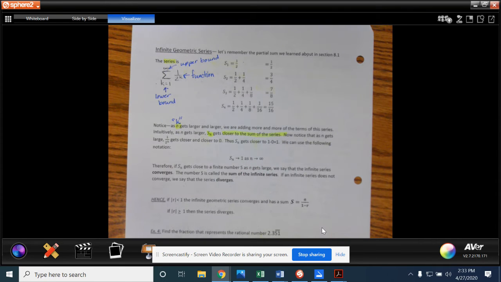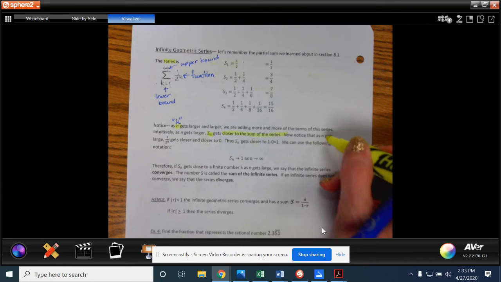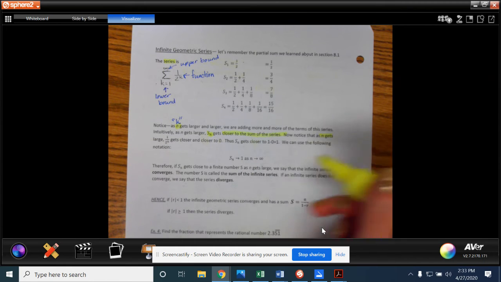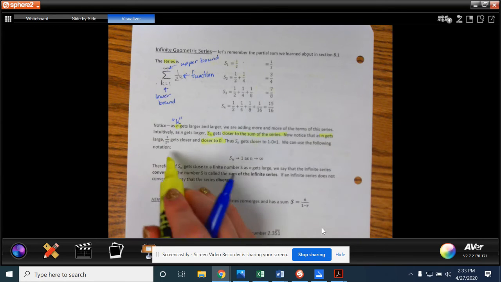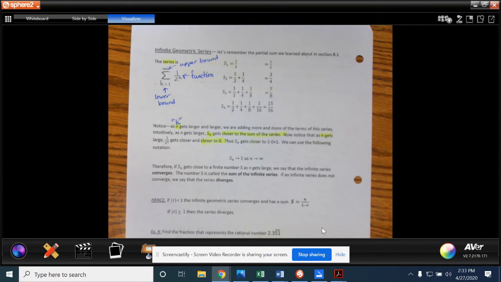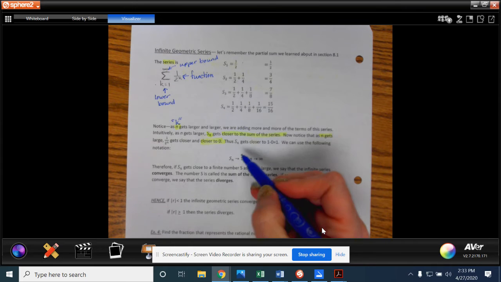Now notice as n gets large, 1 over 2 to the n gets closer and closer to 0. As it gets really, really large, it gets closer and closer to 0 because of the fraction. Well, let's look at this.